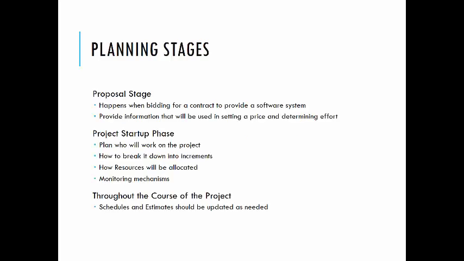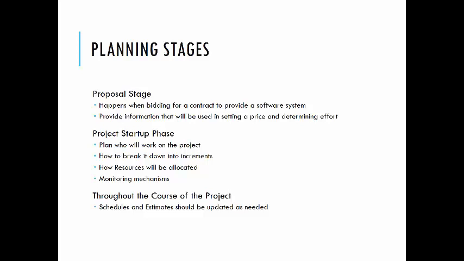So, different stages for planning. The first is the proposal stage, and this happens when bidding for a contract to provide a software system. Here you want to provide information that will be used in setting a price and determining the effort necessary to make the software. At the startup phase, plan who will work on the project, how to break it down into increments, and then how resources will be allocated, as well as monitoring mechanisms.